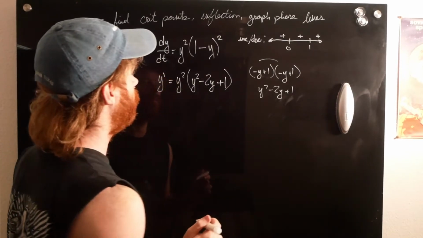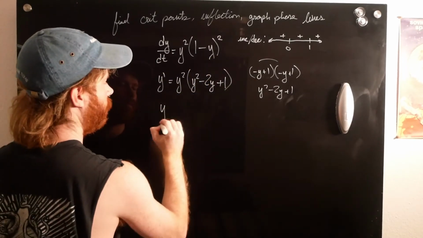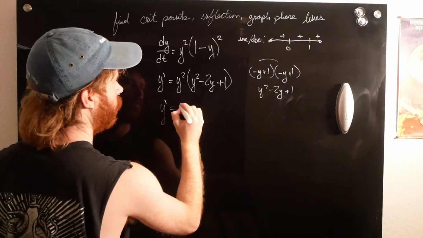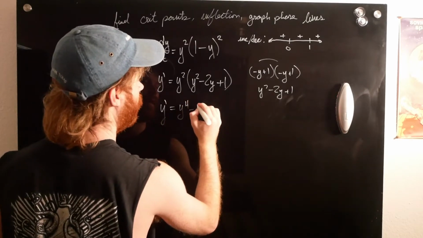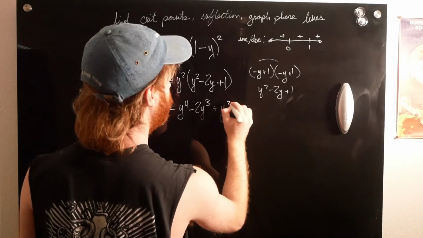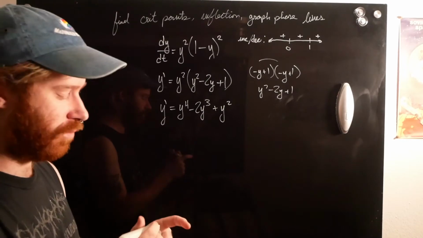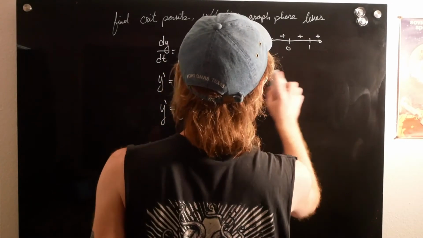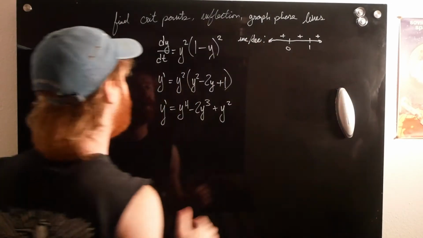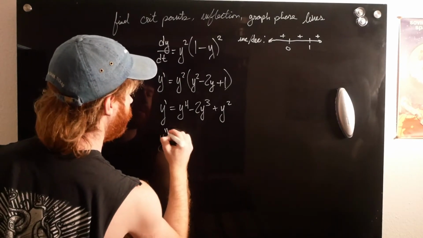Now let's distribute this y squared term. So y prime equals y to the 4th minus 2y cubed plus y squared. And now let's take the derivative to find what the inflection points are going to be. To do that, we just have to use implicit differentiation, remember, because we have to use the chain rule.